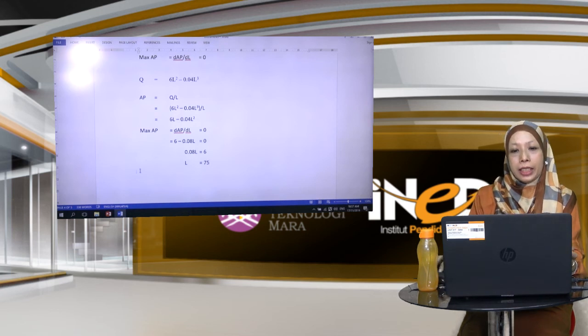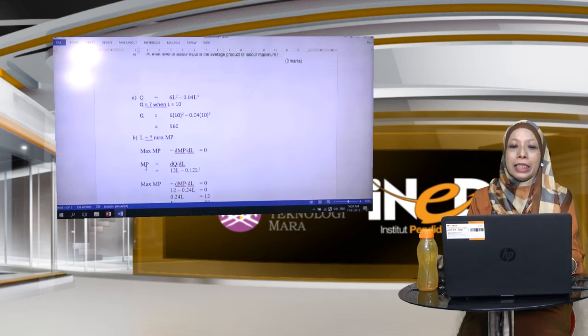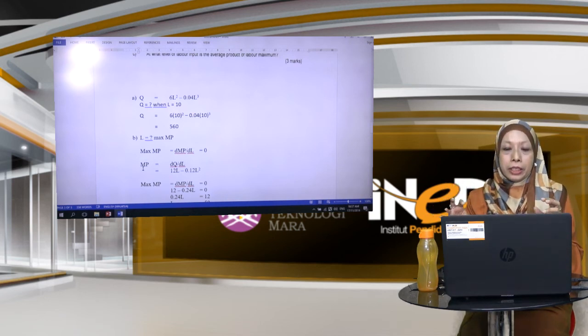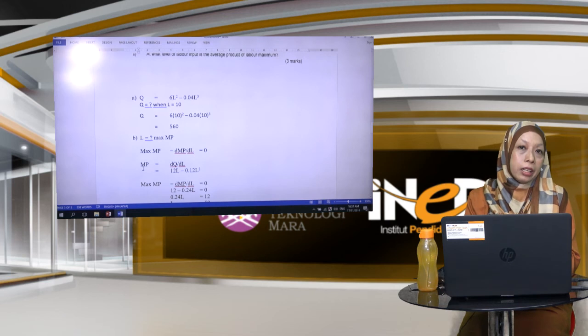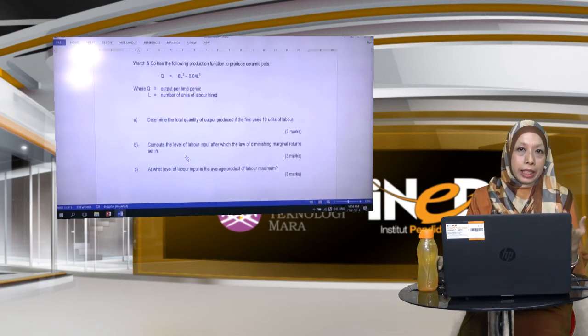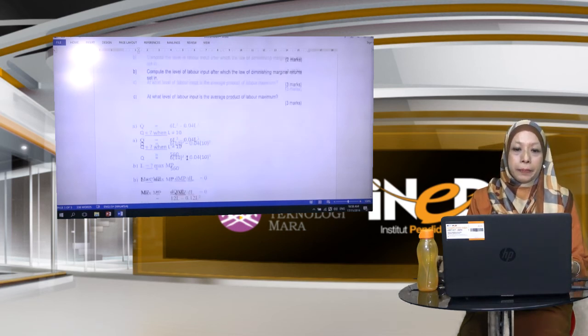The second exercise tests your understanding of how to identify the different levels of labor at the maximum points. One is finding L when marginal product is maximized, and another is finding L when average product is maximized. This exercise is very much similar to the first one that we did.